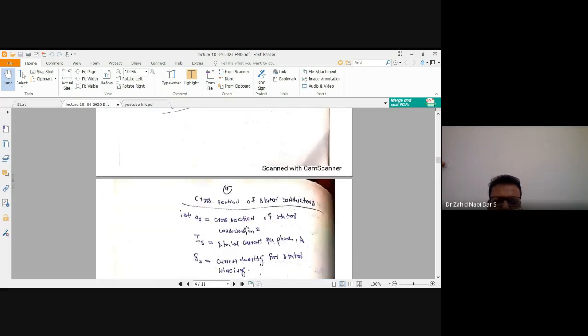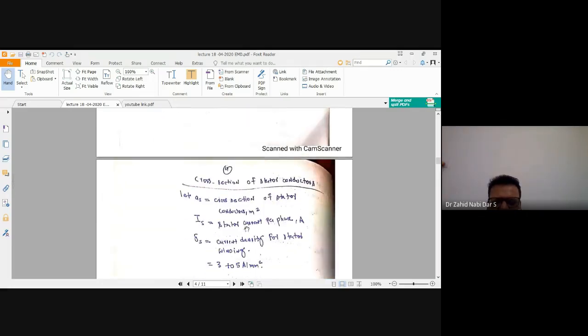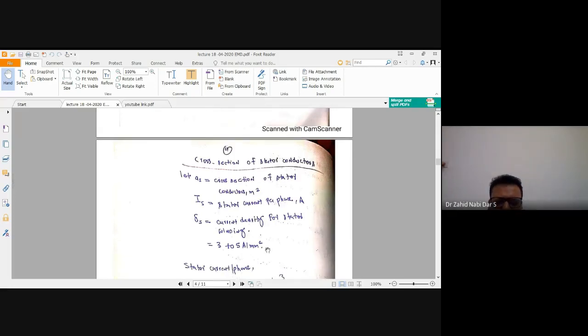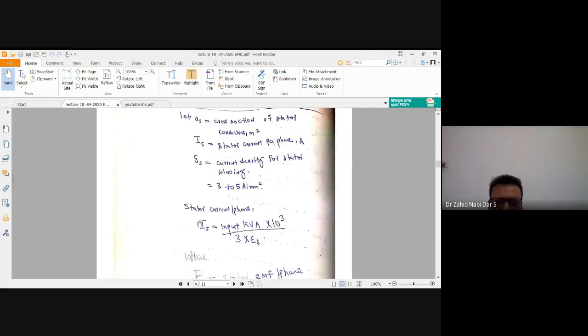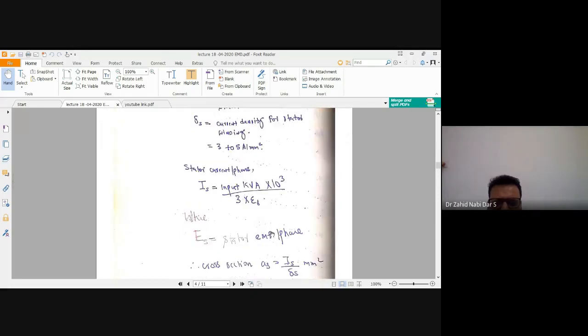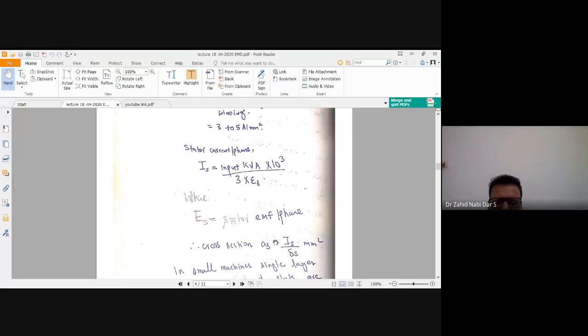Similarly, the cross sectional area of stator conductors, let it be AS. Current density is current by area, so AS would be equal to IS by current density. You can calculate the value of current from here and back substitute.